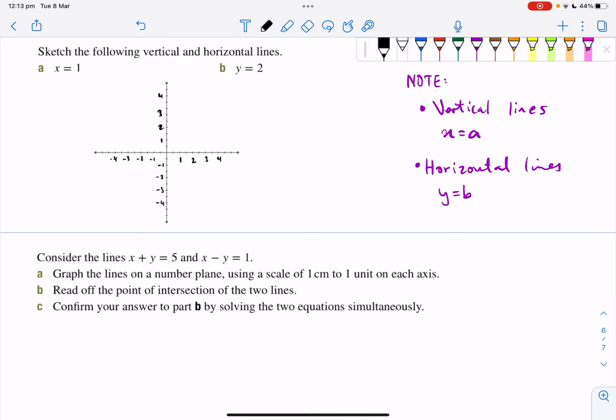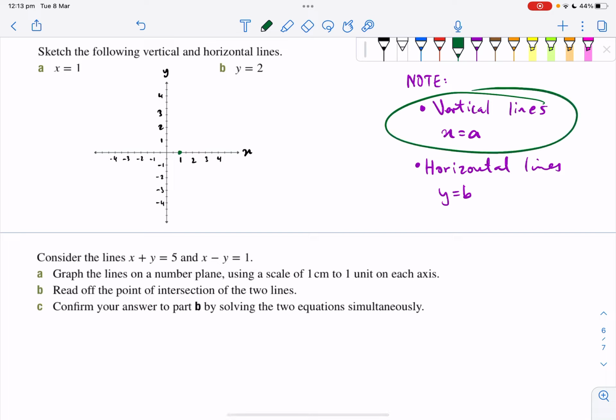All right, there we go. So now with this, I'm going to sketch x equals 1. So x equals 1 means I'm looking on the x-axis, as you can see here. This is the x-axis right there. This is the y-axis. So x equals 1, I'm going to go across to 1, and I'm going to draw a vertical line through 1. That's x equals 1.